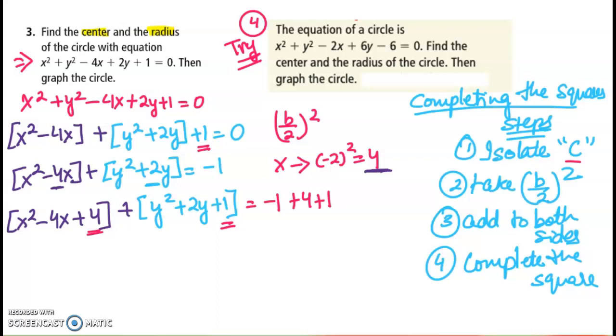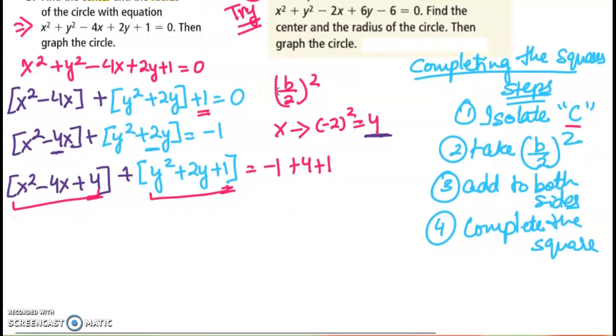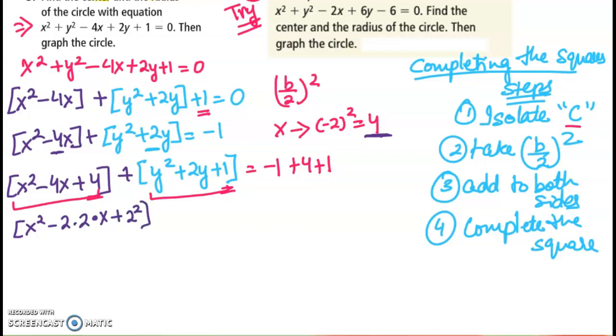Now, if you analyze these two, they are in the format of a plus b whole squared and a minus b whole squared. I can rewrite them in this way. x squared minus 2 times 2 times x plus 2 squared, right? a minus b.